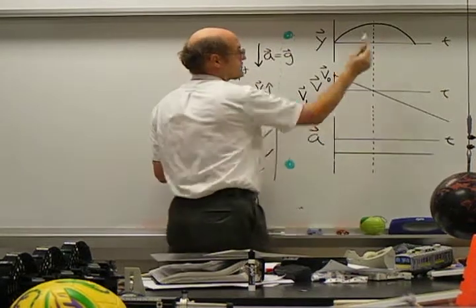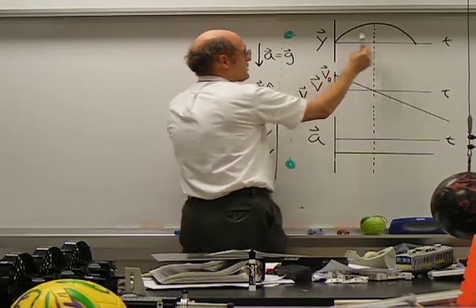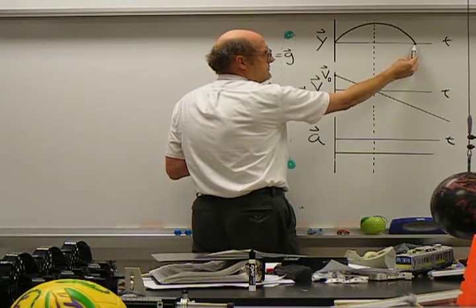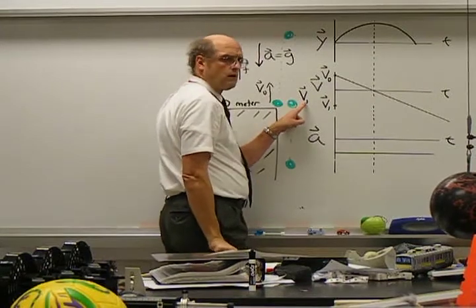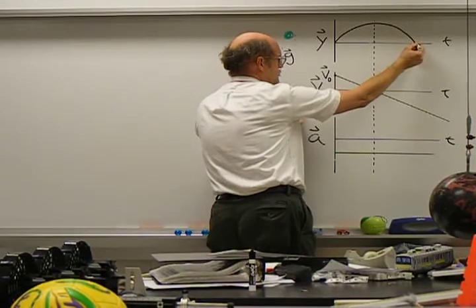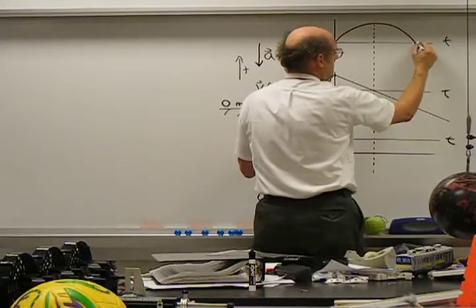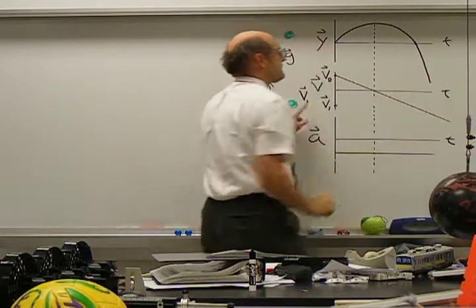There we go. So the slope here is 0. Here the slope is a maximum in the positive direction. Here the slope is a maximum in the negative direction. Okay, this would correspond to when it's located here. So the slope at this time should be V1. And then it continues falling to the ground.